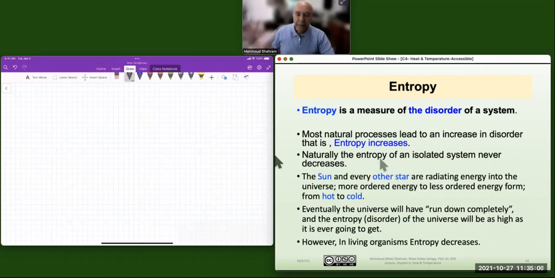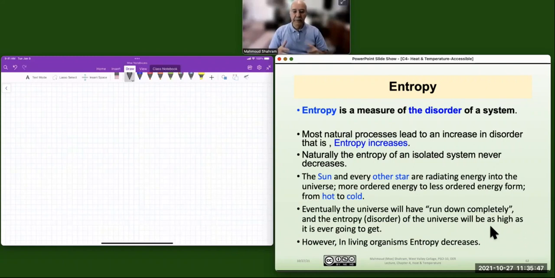For example, let's look at the universe. We have stars, we have the sun, there's a lot of heat there. They radiate heat energy into the universe, so from hot objects it goes to the colder objects. But eventually these stars and the sun diminish and burn out.